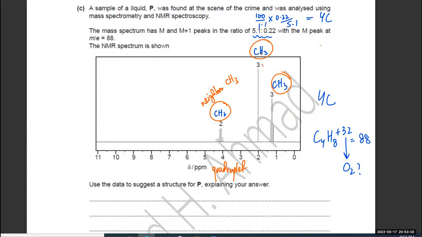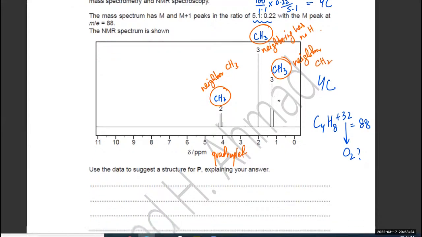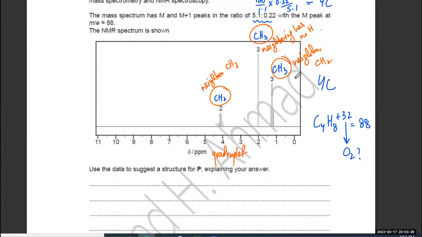So the neighboring carbon has no H atoms. This one is a triplet peak. So how many neighboring hydrogens? That's going to be 2. So the neighbor is probably going to be CH2, right? So that's one thing. I know that right next to CH2 there must be a CH3, and right next to CH3 there must be a CH2.